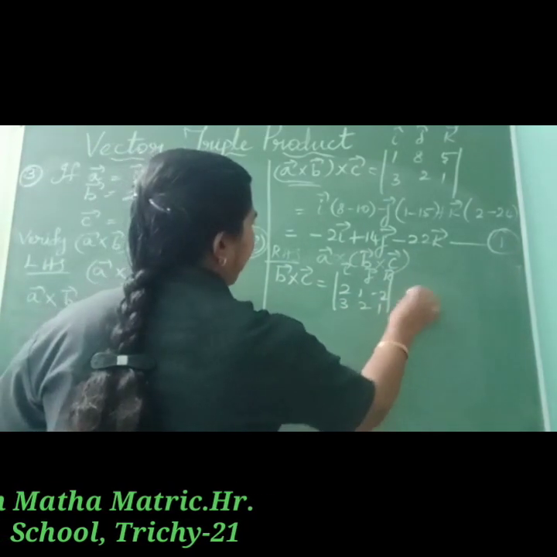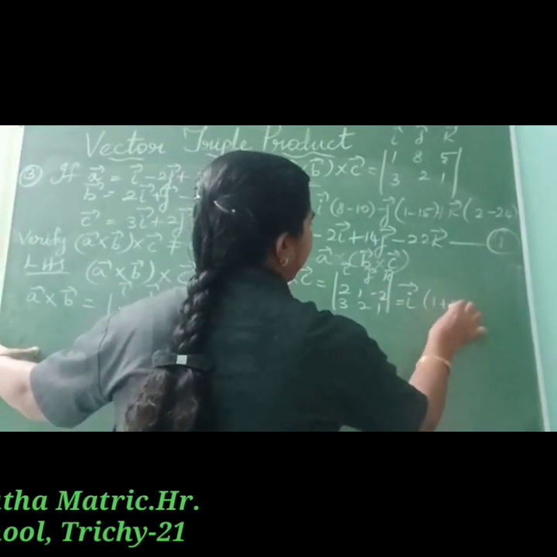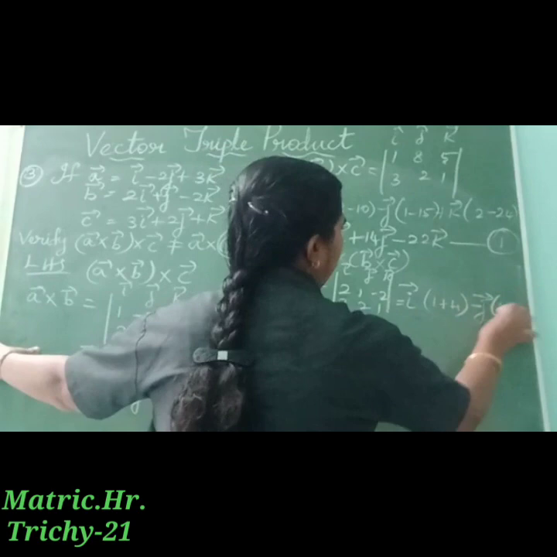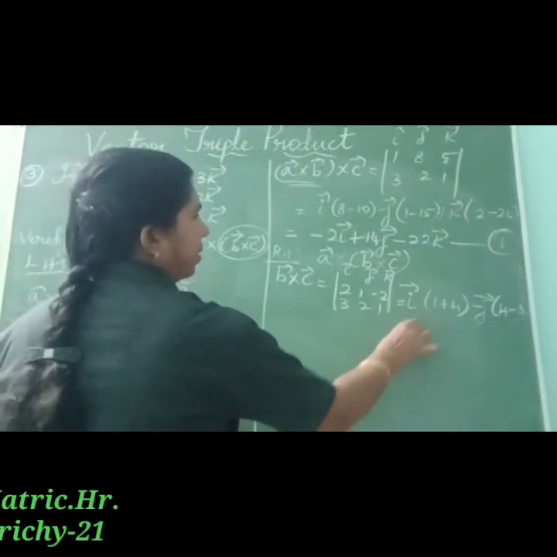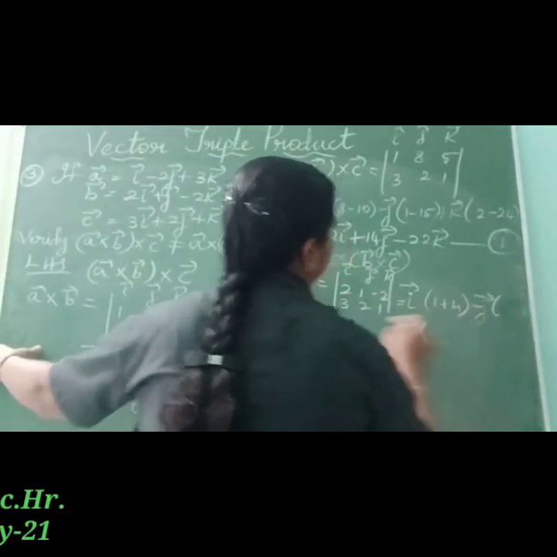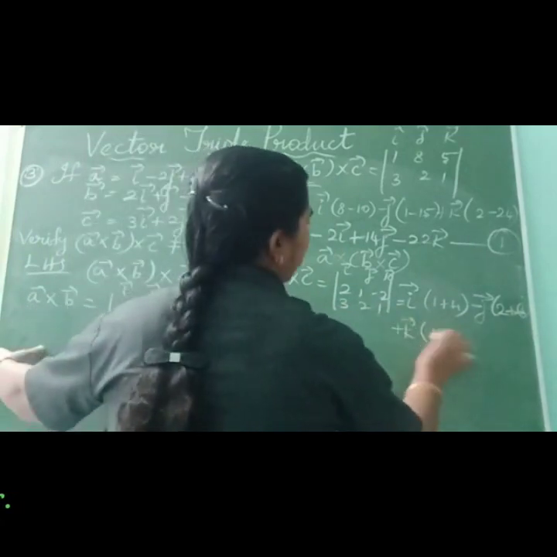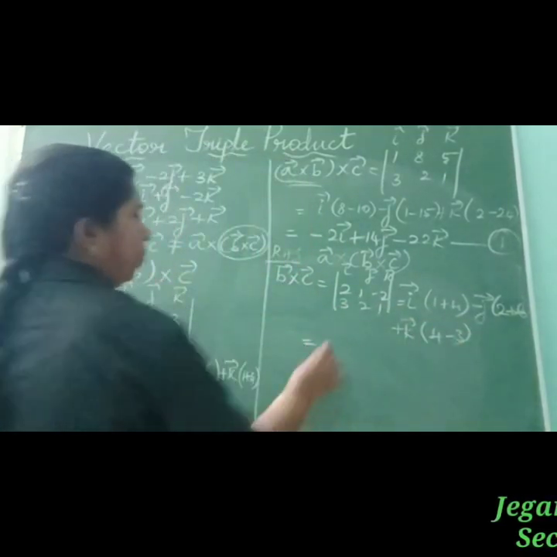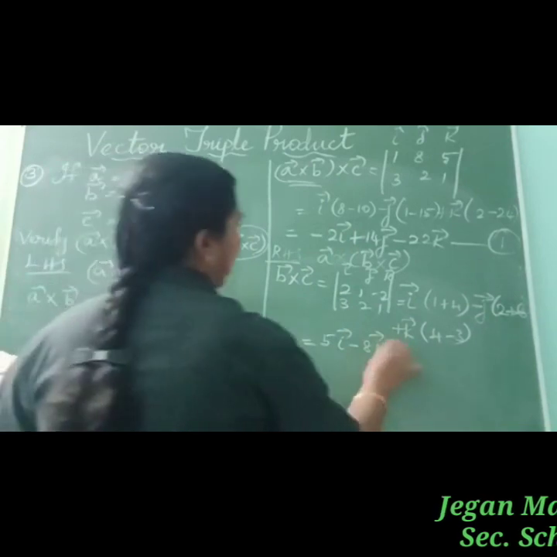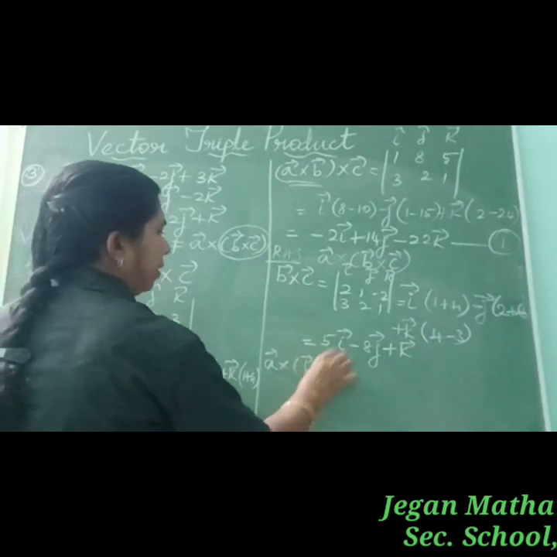When you expand, I vector into 1 plus 4, minus J into 4 minus 3, plus K vector into 2 plus 6 (sic), which is equal to 5I minus 8J plus K.